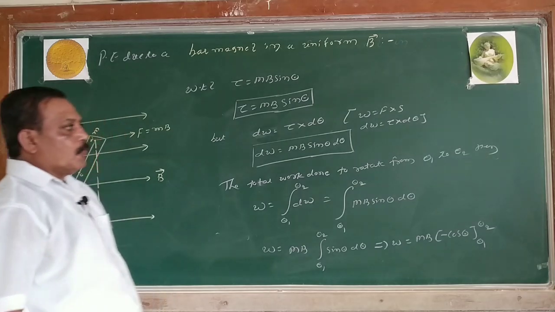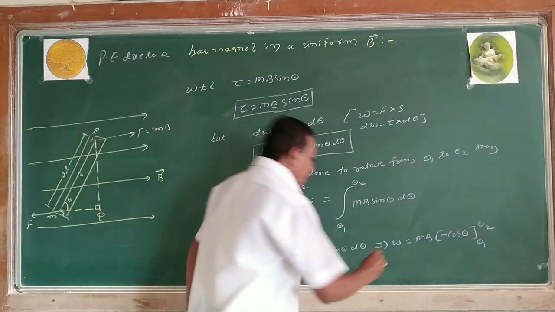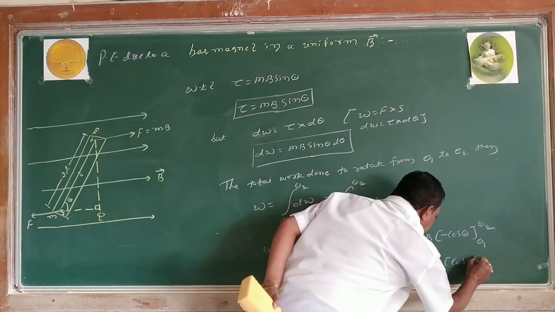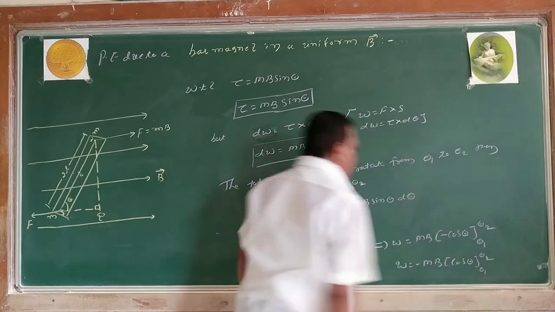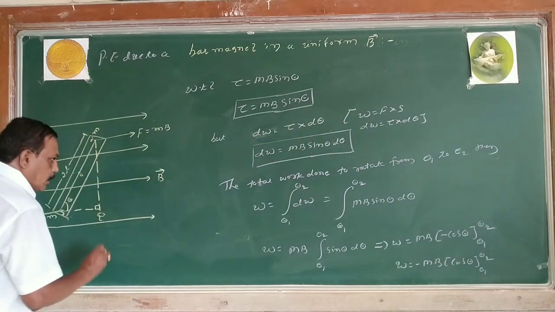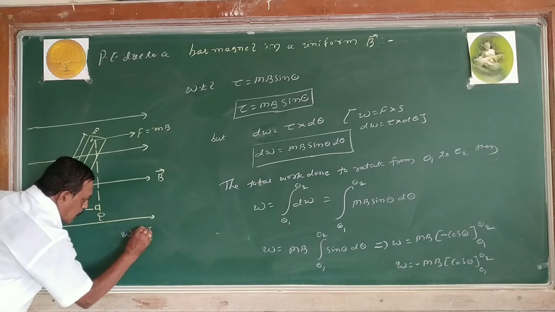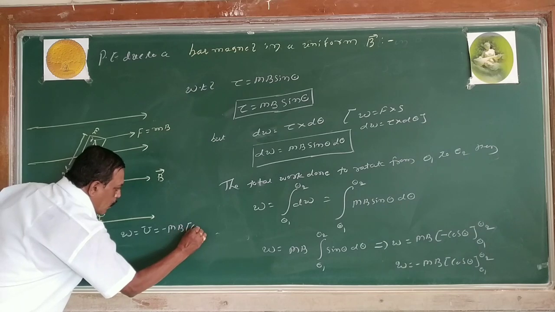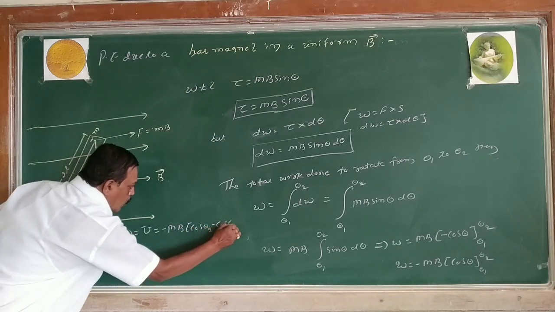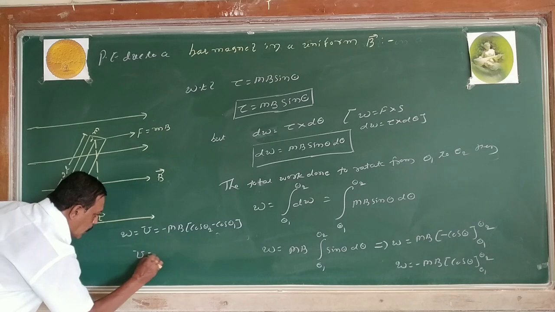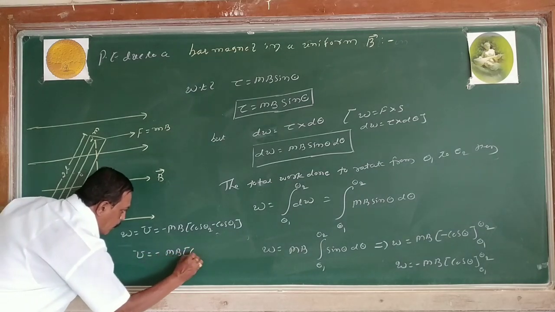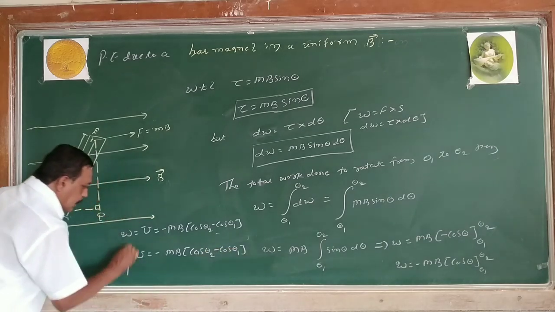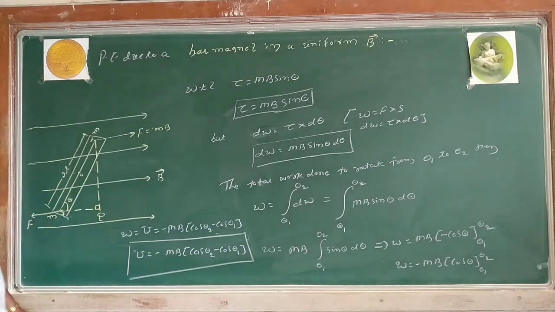Then substitute the values, upper limit first, then lower limit. This work done is stored as potential energy. Hence potential energy U equals minus mB (cos theta 2 minus cos theta 1). Then you can take the initial conditions. Have a look at all the equations once.